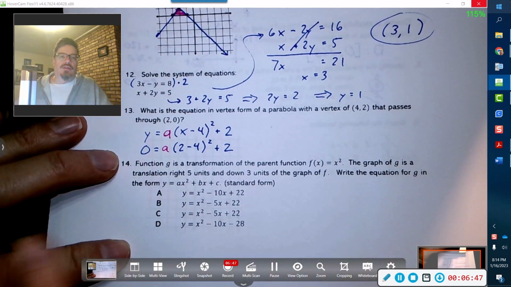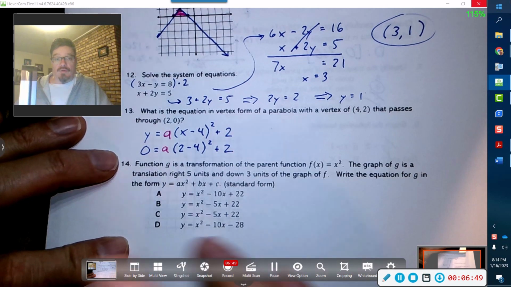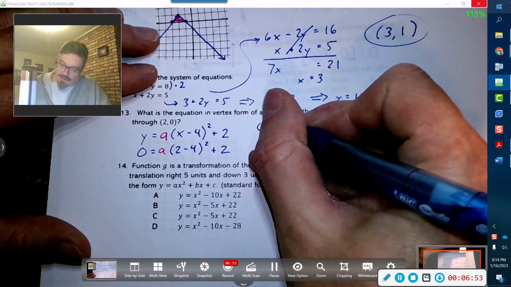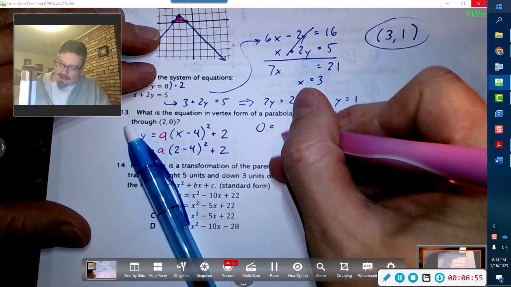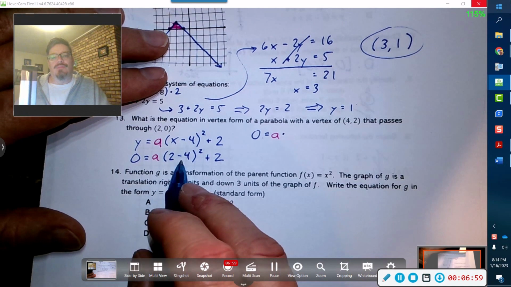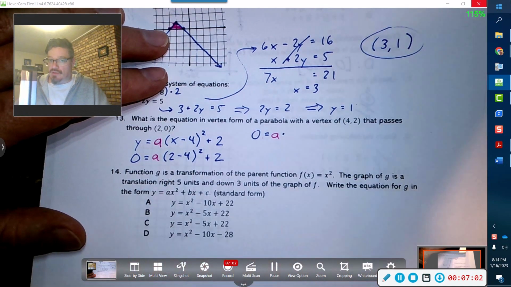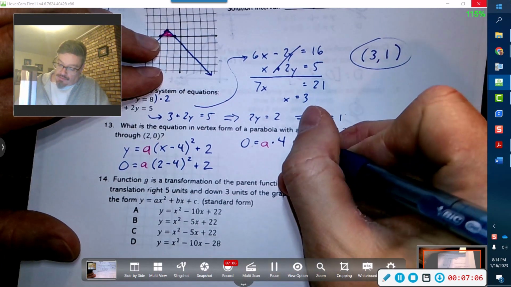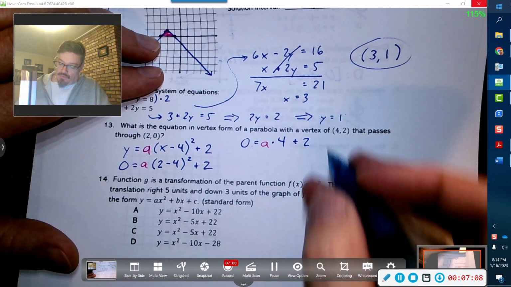Now all we've got to do is solve for A. Order of operations is important here. We've got 0 equals A, and I'm going to keep A pink here, times 2 minus 4. 2 minus 4 is negative 2, squared is actually positive 4, plus 2.